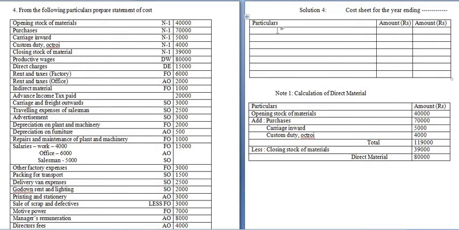First we need to take direct material. Direct material, outer column 80,000. Next is direct labor or wages.